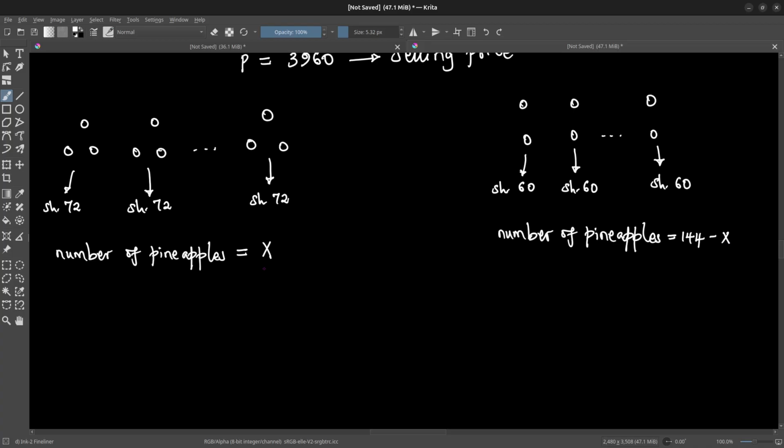So if the 3 batch pineapples are all X, then the 2 batch pineapples will be 144 minus X.